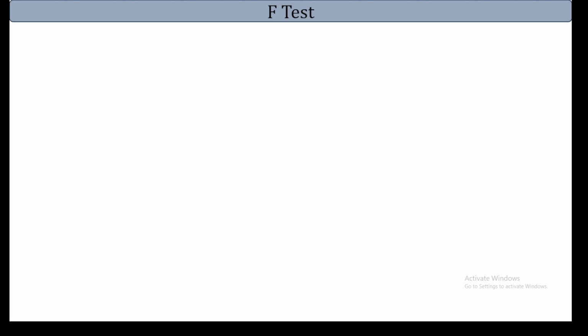It has two parameters, the two degrees of freedom, one for each variance. There will always be two populations. Is it correct? So when we speak about the F test, we will be having one population and then a second population.